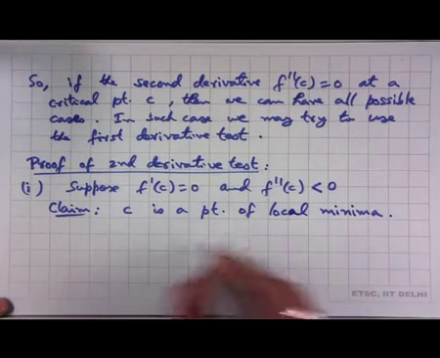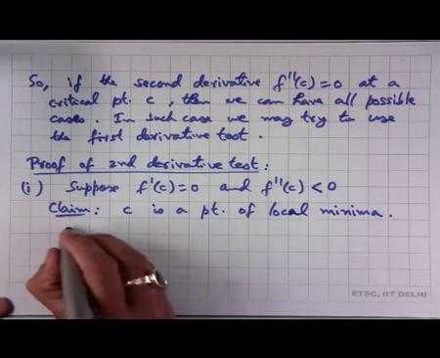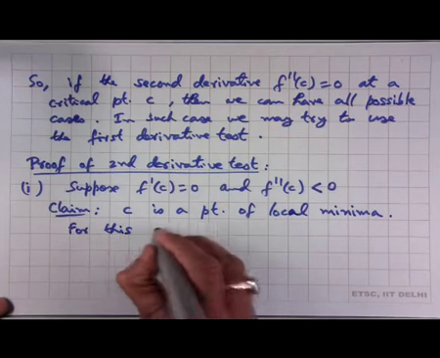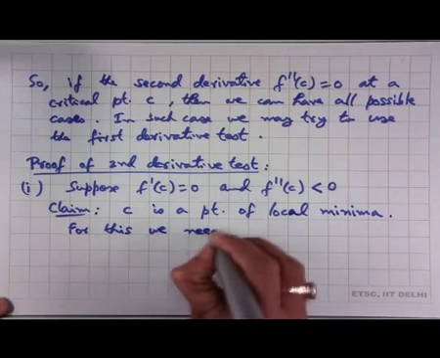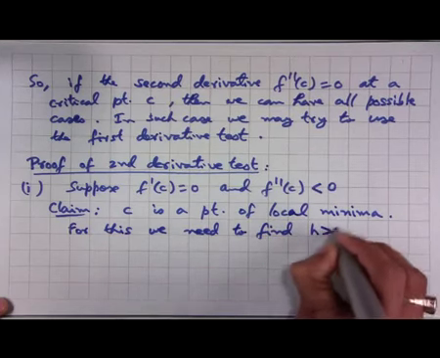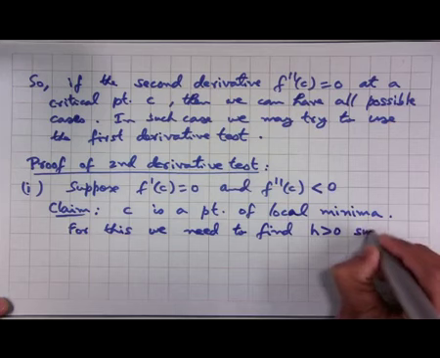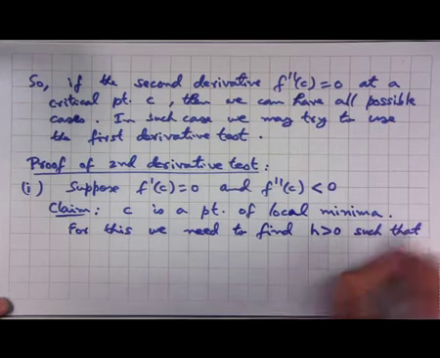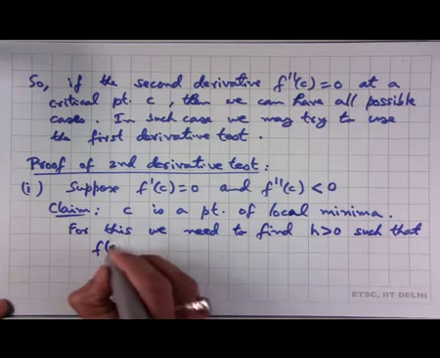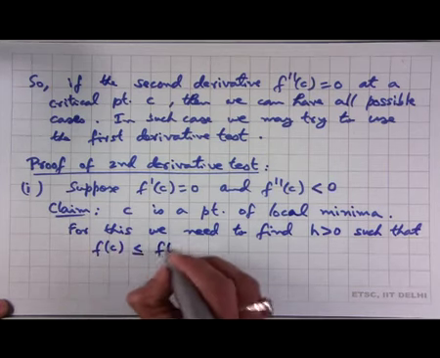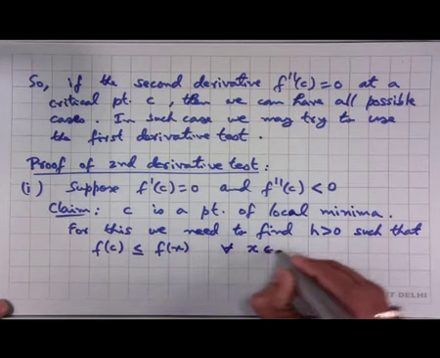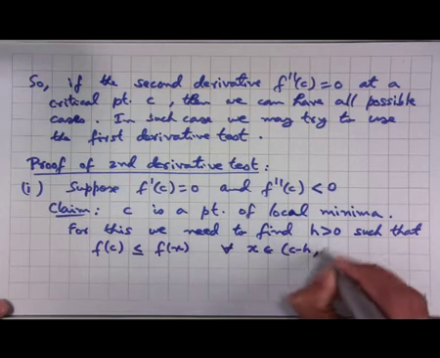So, for this we need to find some h positive such that f of c is less than or equal to f of x for all x belonging to (c minus h, c plus h).